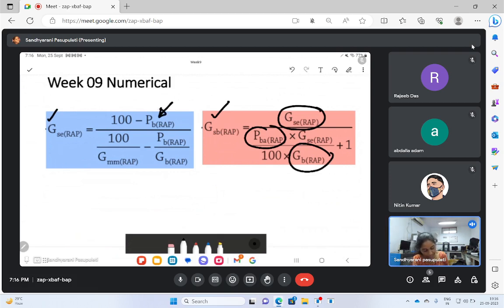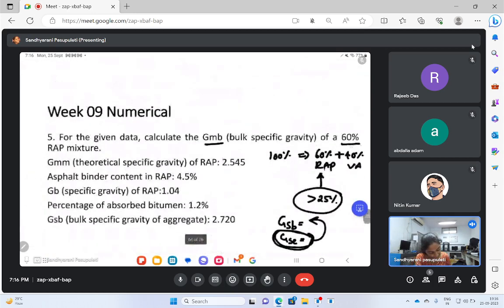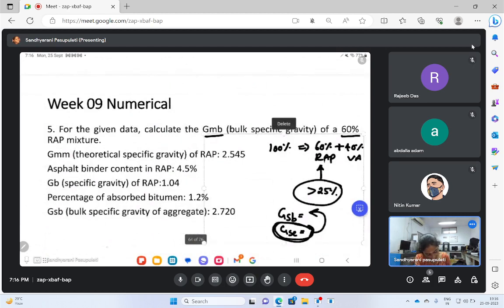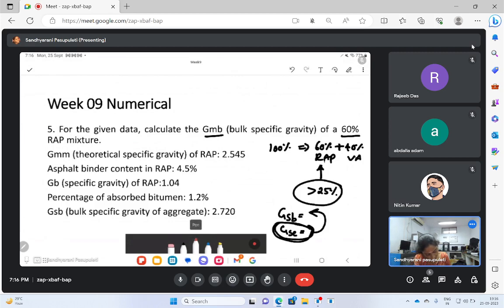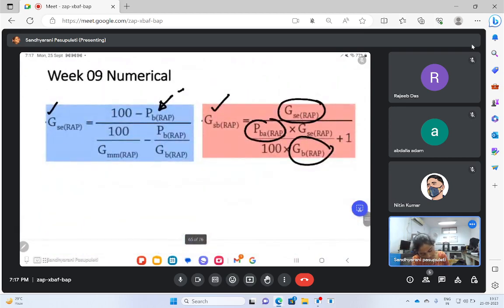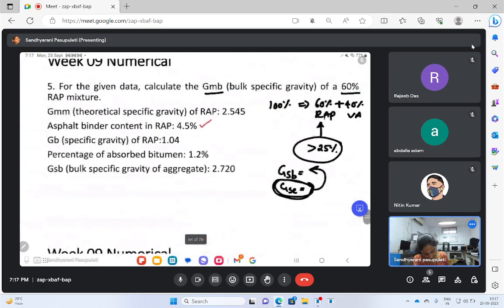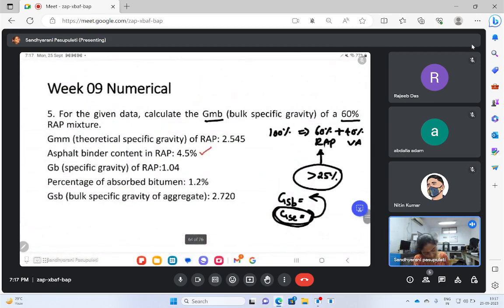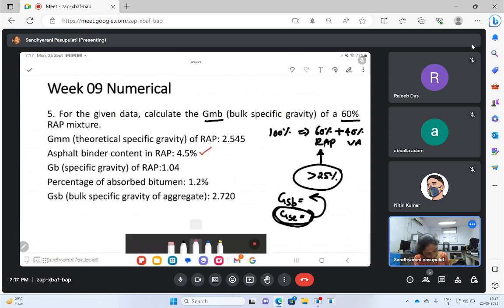Percentage of binder in RAP: they have given 7%. What is the percentage of binder in RAP? 4.5%. So you can see here, the percentage of binder is 4.5, and the GMM is given as 2.545.